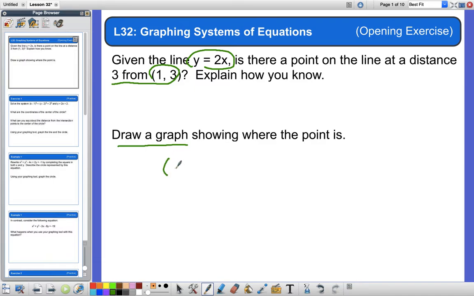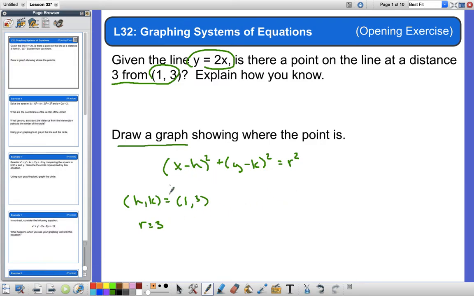The equation of a circle is (x minus h) squared plus (y minus k) squared equals the radius squared. This is what's going to come in: our (h, k) is equal to (1, 3), and our radius is equal to 3.